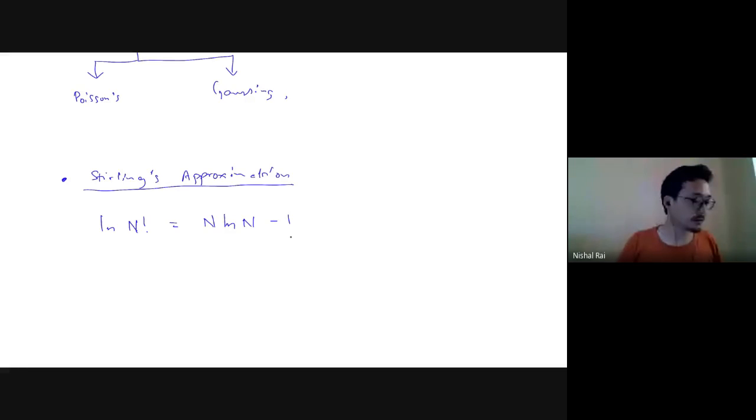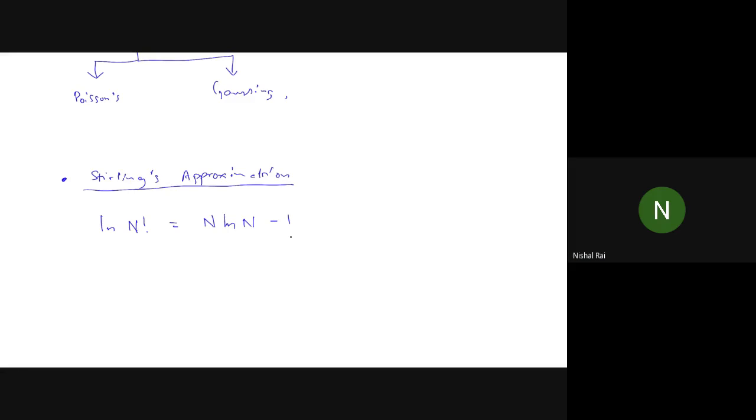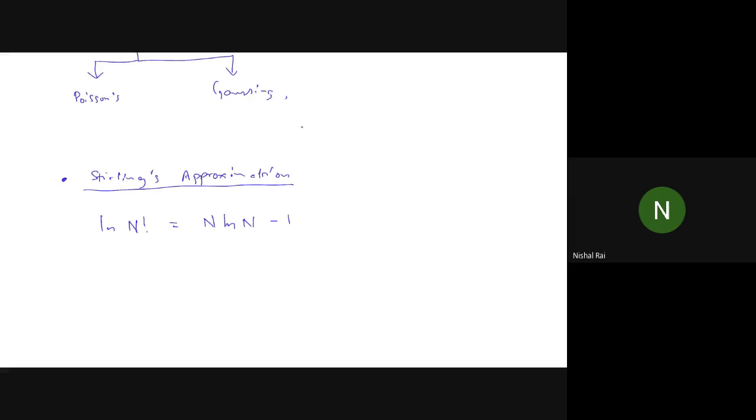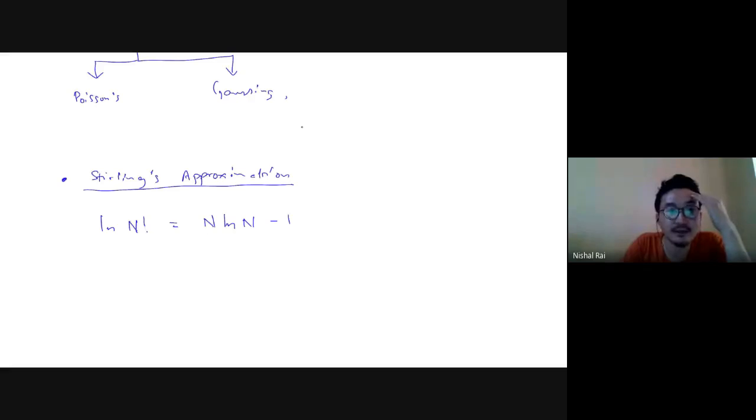Minus or plus, I think it should be minus. Because sometimes you have to take a factorial of n. So that's why at that time it will be very helpful.